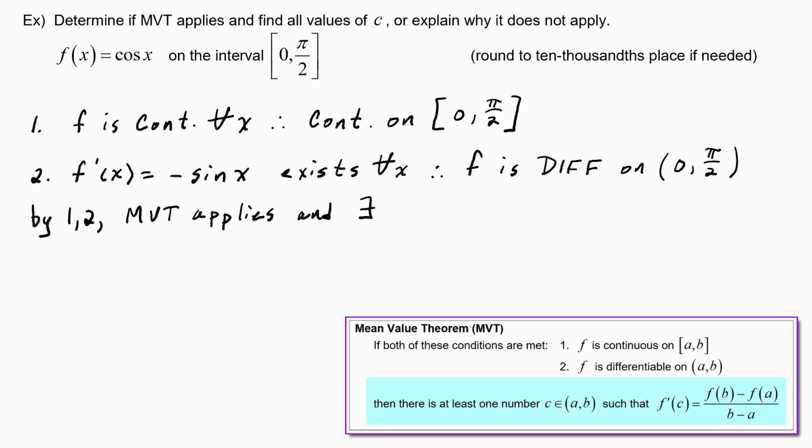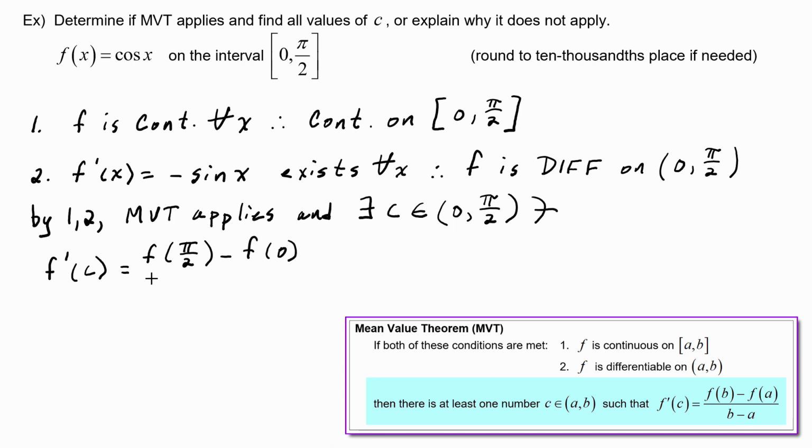And there exists a c contained in the open interval from 0 to pi over 2 such that f prime of c will have to equal f of pi over 2 minus f of 0 over pi over 2 minus 0.